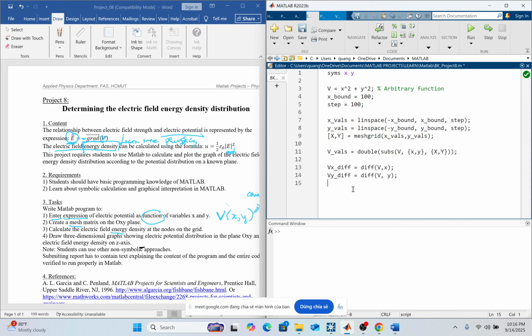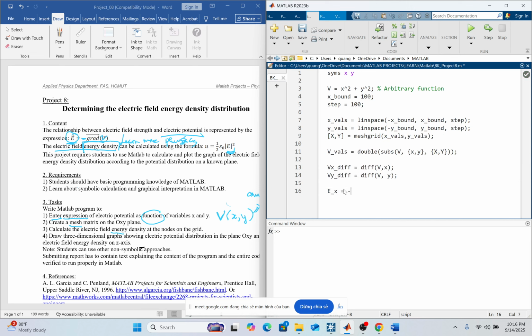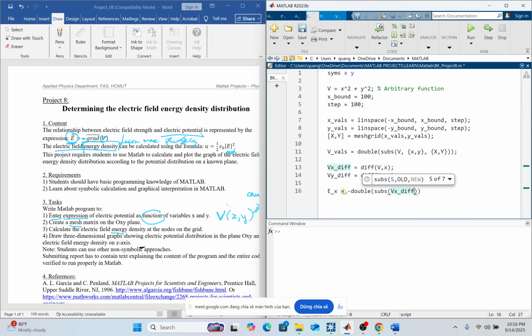These are going to be the functions, and just like we did with the v values, ex will be equal to minus double. We substitute the function vx diff with our variables, with our points x and y. That's it.